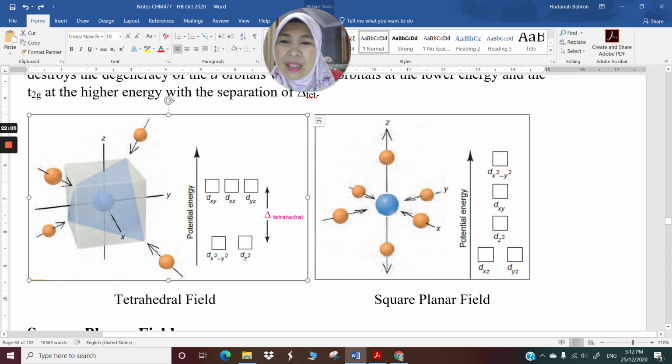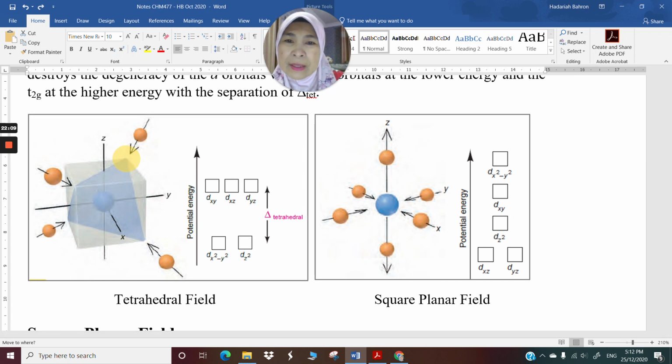And because there are only 4 ligands in tetrahedral, no matter how strong the ligands are, how strong field the ligands are, this delta tetrahedral will always be smaller than delta octahedral, because delta octahedral is caused by 6 ligands doing repulsion, whereas for delta tetrahedral, you only have the action of 4 ligands.